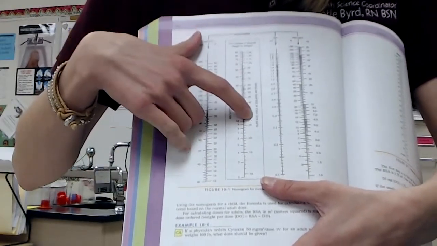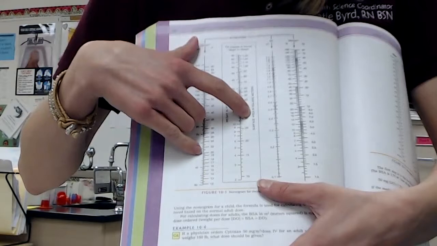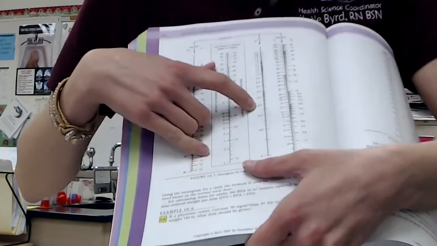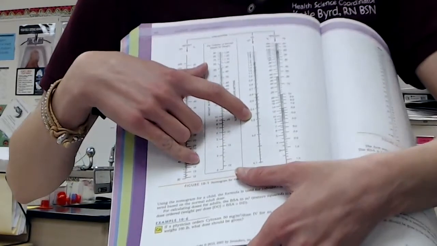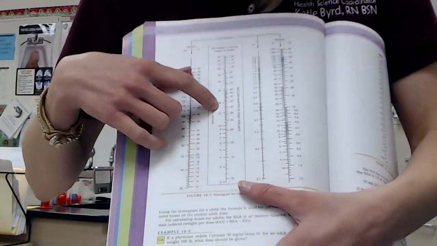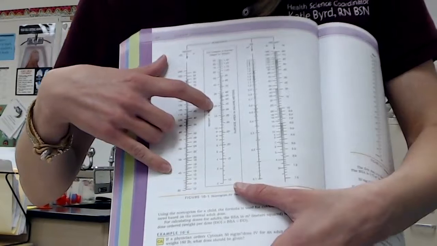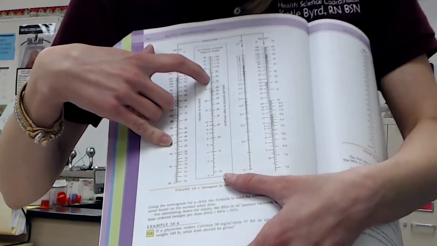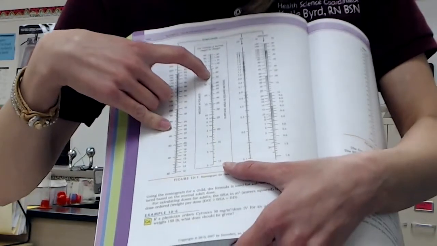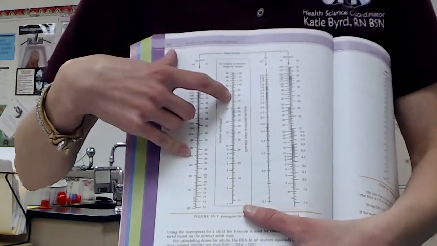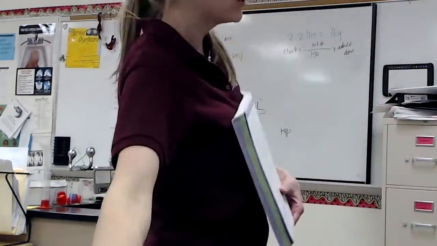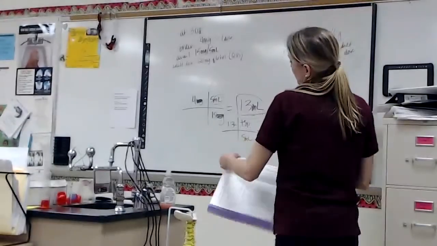So their body surface area. Sorry, I was looking at this upside down a while ago. The other one was not 3.6, it was 0.36. Anyway, so their body surface area over here, if we look up 40 pounds, is about 0.75, it looks like. Okay, so that's all you do on these. That's how you find body surface area on this nomogram.